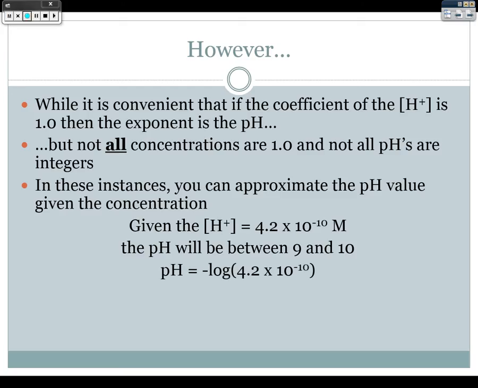If you take the pH as the negative log of the concentration, you get a pH of 9.38. So closer to 9 than 10 because this number is closer to 1 than 10, or 9.99. So that's kind of how you can approximate. You could know where the pH is between without having to calculate it.